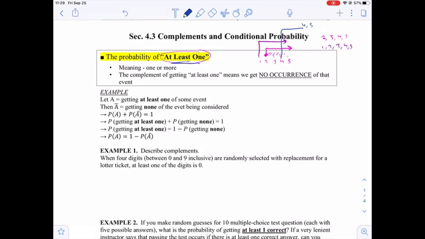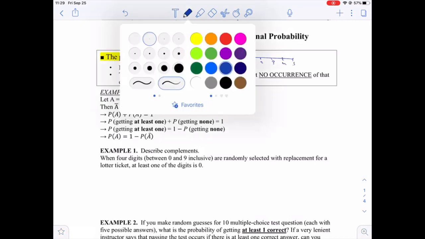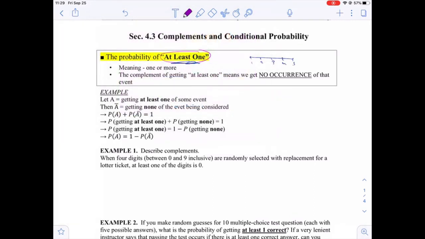The complement of at least one. Now if we focus on at least one, that means, for our example here, if we have outcomes 1, 2, 3, 4, and 5, at least one means one or more: 1, 2, 3, 4, 5.